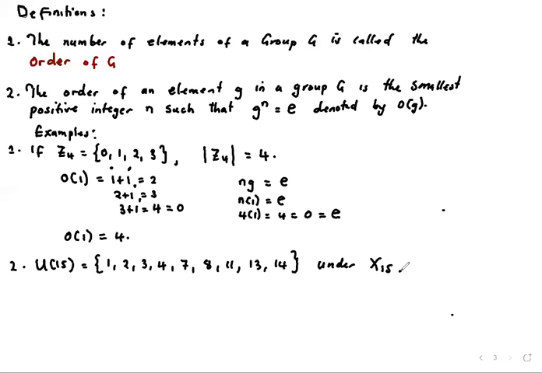So what's the order of the group? The order of the group, we count the elements in there. So the order of U15 is what we count.